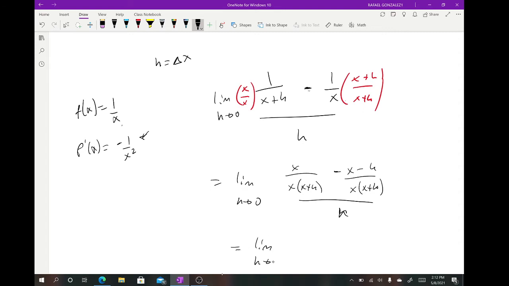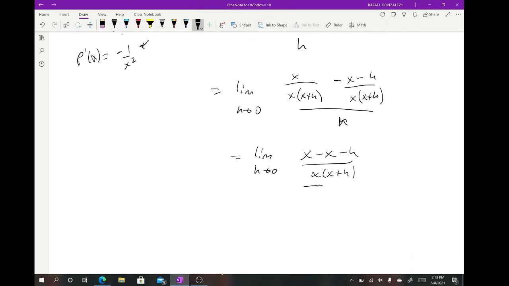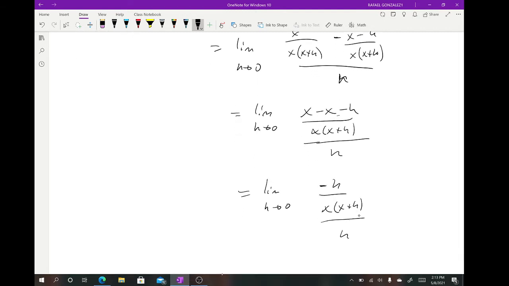So again, this is the limit as h goes to 0 of x minus x minus h divided by x times x plus h, all divided by h. And the x's in the top, notice that they'll cancel out. So I'm going to have the limit as h goes to 0, not infinity, of negative h divided by x times x plus h, all divided by h.